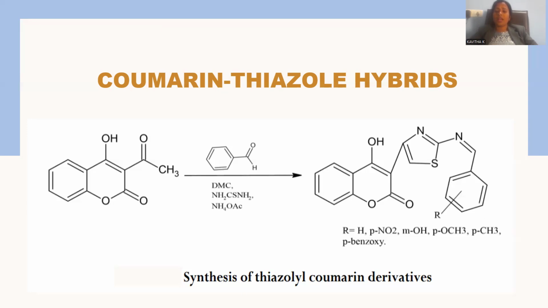This is the way synthesis of thiazolyl coumarin is carried out. The requirement will be 3-acetyl coumarin to be treated with this benzaldehyde and thiourea, so that coumarin-thiazole hybrid scaffolds will be synthesized on the laboratory platform.